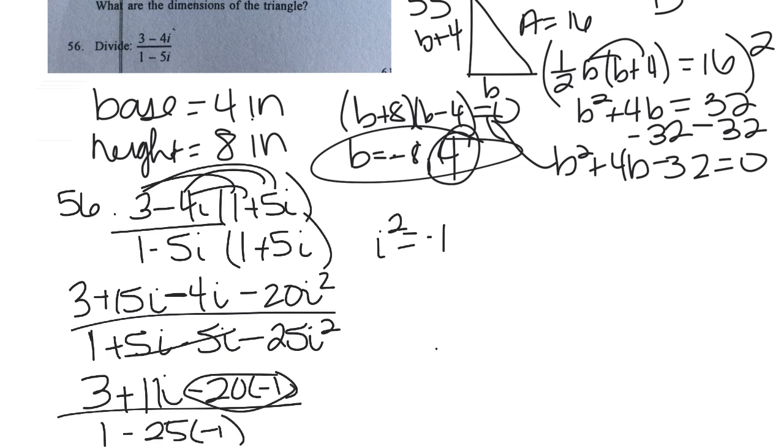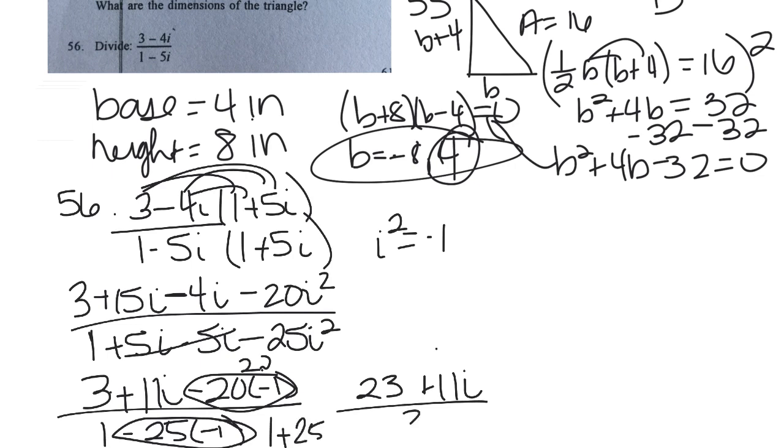So this becomes a positive 20, and 20 plus 3 is 23 plus 11i. And 25 times negative 1 becomes 1 plus 25, which would be 26. And if I want to write it in standard form, it's going to look like 23 over 26 plus 11i over 26.